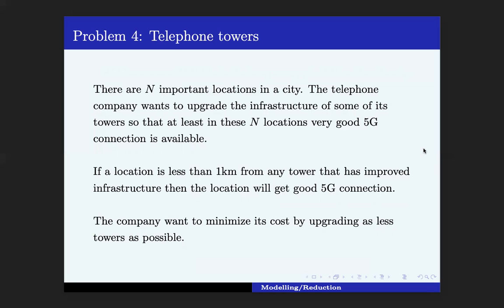In Calcutta, if somebody gives you the map and says put some pins in various locations in Calcutta, saying these are the important locations which I want very good 5G, and also another colored pins are given to you saying, okay, these are the places where I have towers. Now, some of the towers have to be upgraded. How do I do it? So your input is that map and the set of pins. Is it clear?